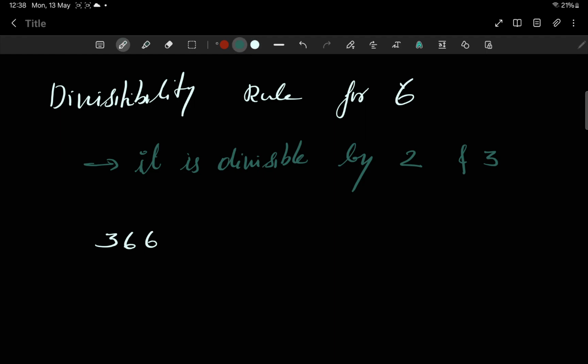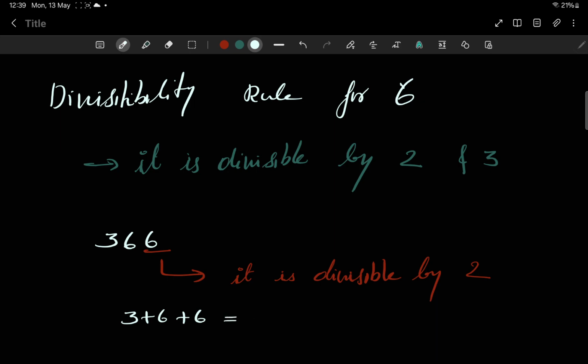So the last digit is 6. So therefore it is divisible by 2. And for checking that a number is divisible by 3, you need to add the digits, 3 plus 6 plus 6, that is equal to 15.